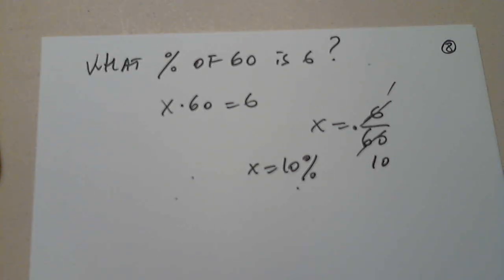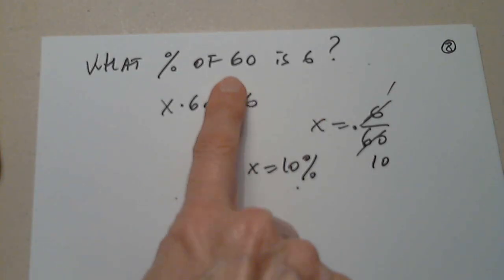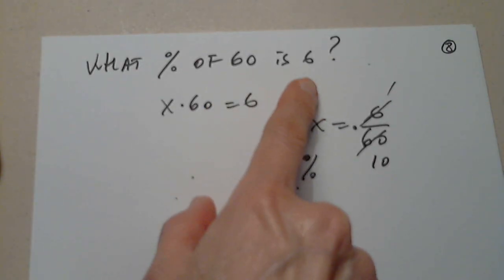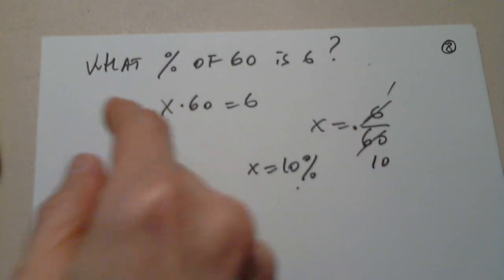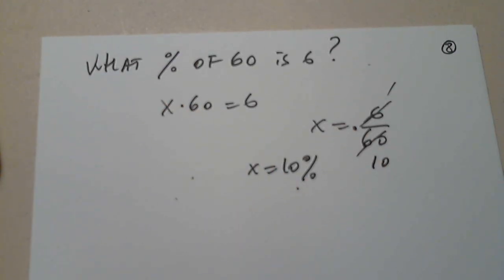So 6 cannot be 90% of 60. 6 is a very small number. It cannot represent 90% of 60. Put the 90% back and you will see you will not get 6. Oh, I thought the difference was like it. But this is a different problem. Okay.